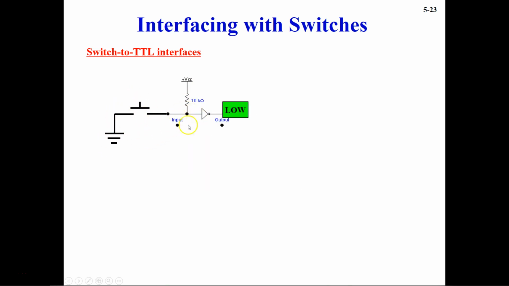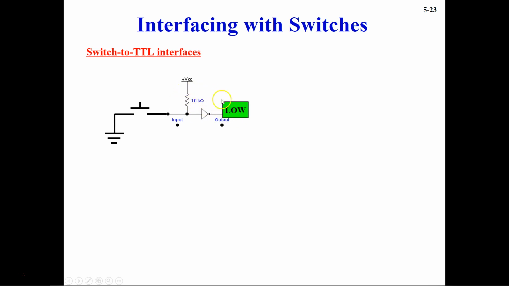So in this case, when VCC is connected to the TTL inverter and the switch is open, then at that point the input is going to be high. So if the input is high, then the output is going to be low, because this is a TTL inverter. So if the input is 1, then the output is going to be 0.